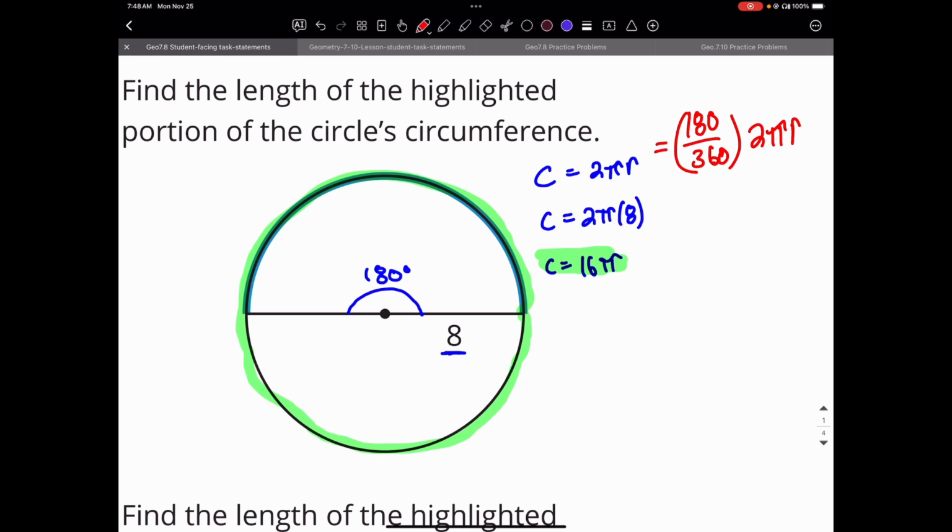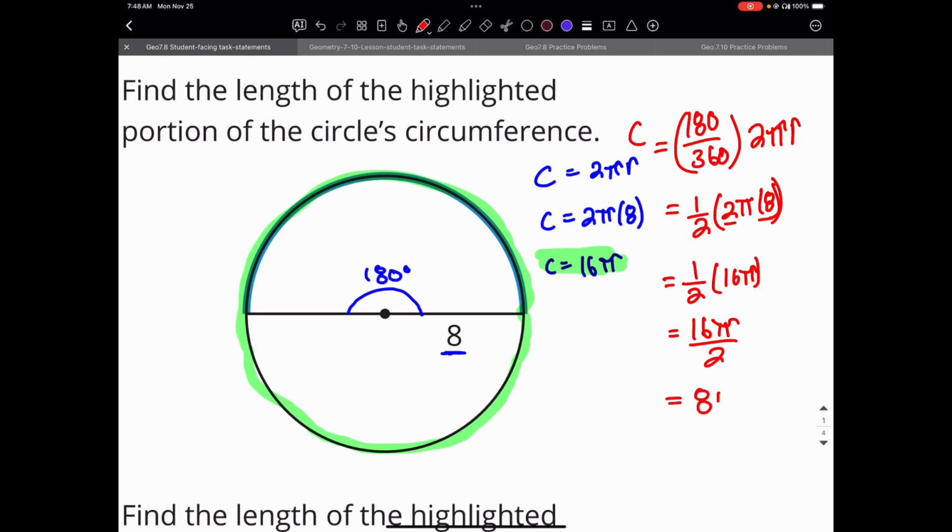So our arc length is going to be 180 over 360 times 2 pi r. Okay, so that would be 1/2 times 2 pi, and then our radius is 8, right? So then I'm going to go ahead and multiply what's in parentheses, the 2 and the 8. So it'll be 1/2 of 16 pi, and then that would be 16 pi over 2, which simplifies to 8 pi.